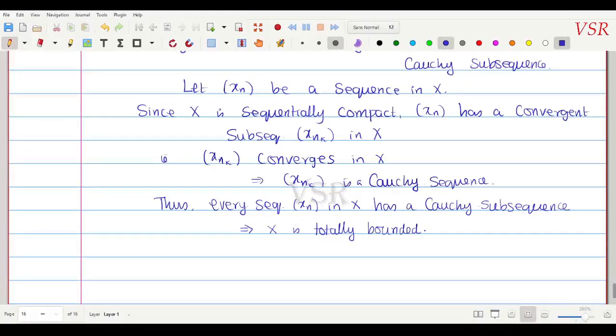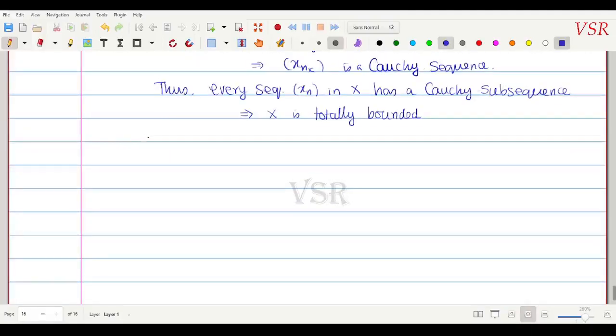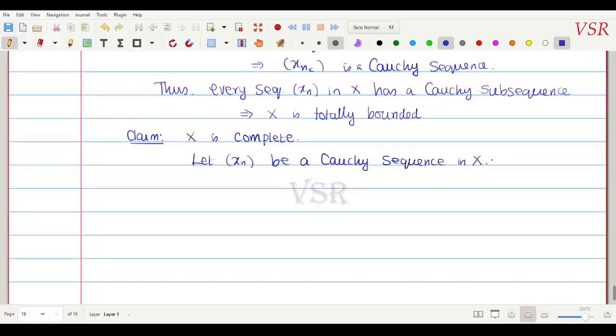Now the next claim is that capital X is complete. To prove complete, let xn be a Cauchy sequence in capital X. We need to show that xn converges.